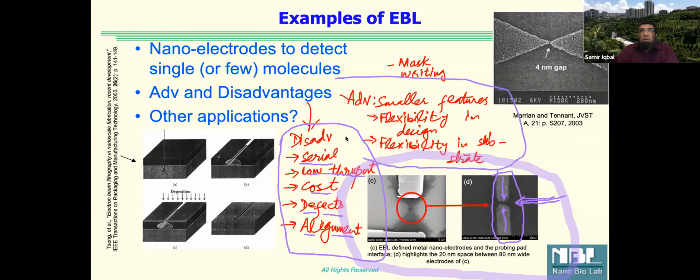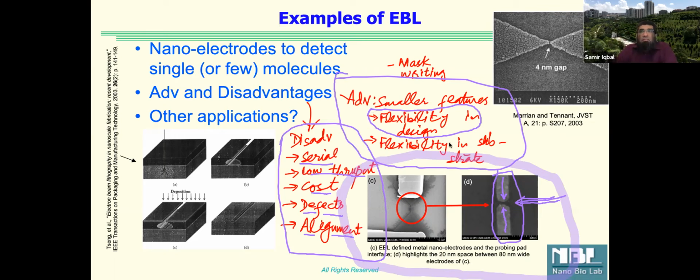You can make really, really small features. You can make a variety of designs because you are basically writing a design. Think about it, it's not a stencil, it's artwork. Artists don't use stencils, they use brush strokes. So this is like that.